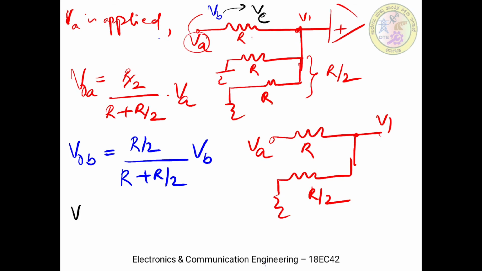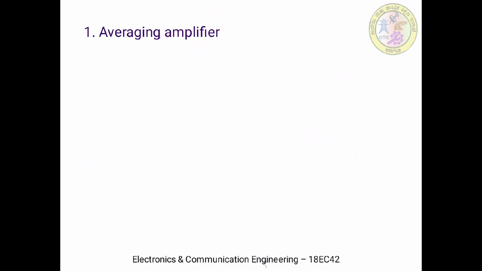So therefore the output generated because of only the VC input will again be R/2 by (R plus R/2) times VC. Now, using the superposition rule, it is possible to express the total output voltage at V1.